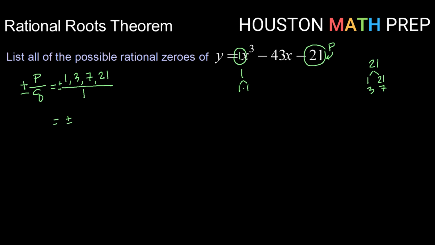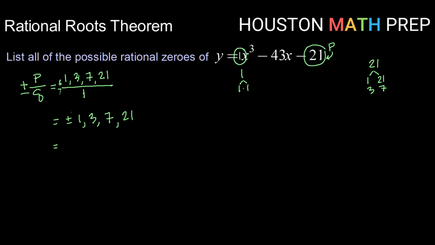So that's going to be plus or minus 1 over 1, which is 1, plus or minus 3 over 1, which is 3, plus or minus 7 over 1, which is 7, and plus or minus 21 over 1, which is 21.